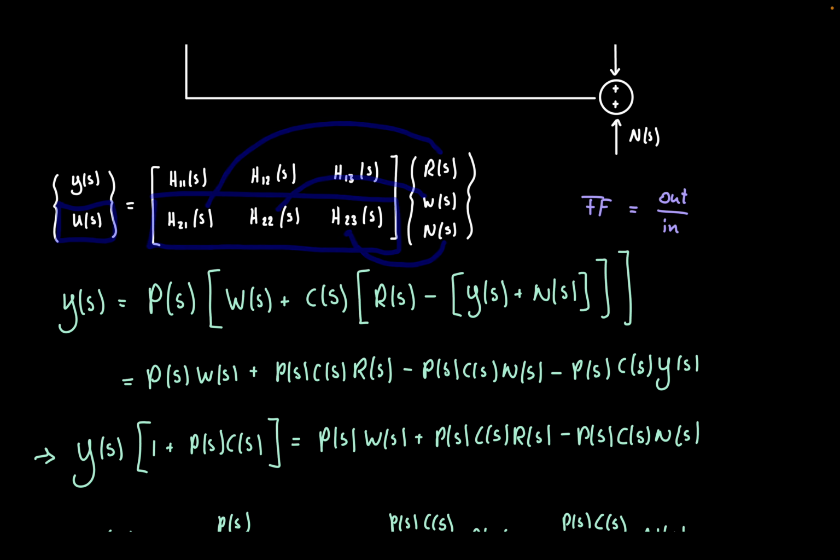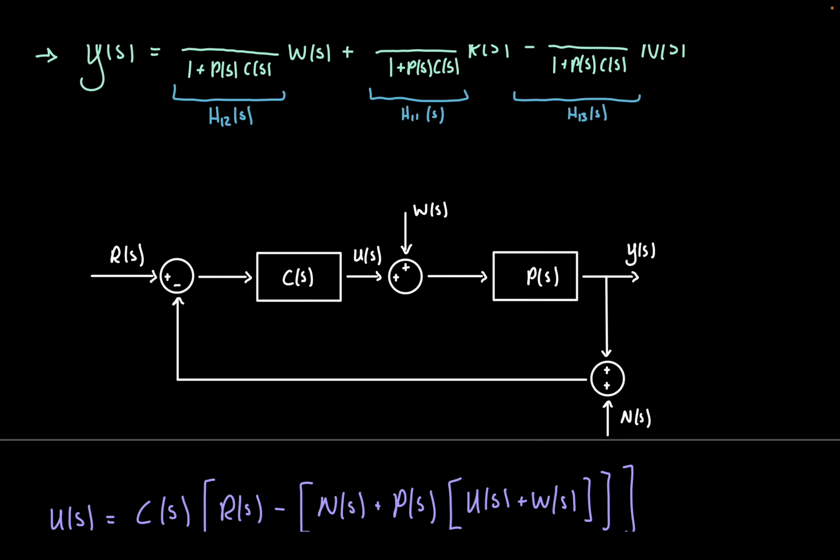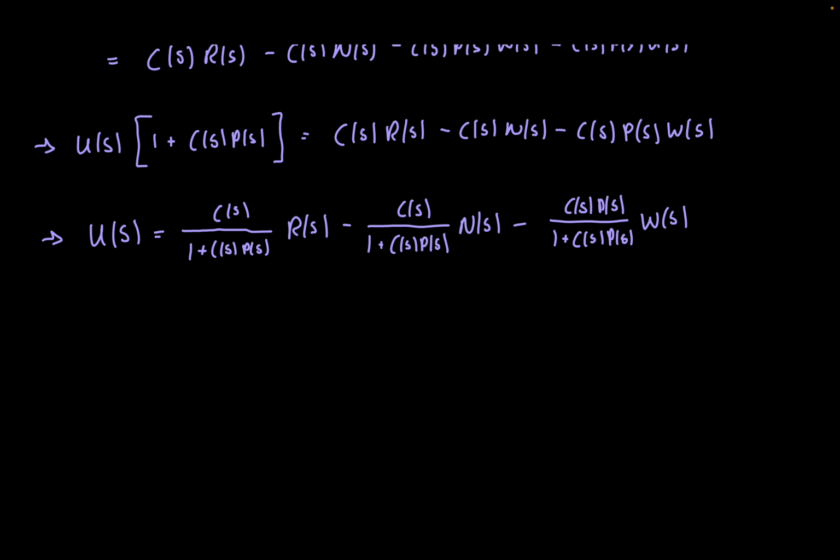So let's write that out now. So I'll go back down here. Sorry, there's lots of scrolling. So then for R, that is going to be H21 of S. N is going to be H23 of S. And then W is going to be H22 of S.